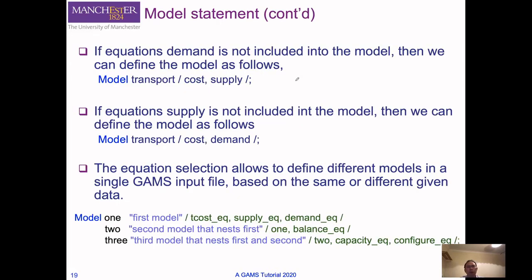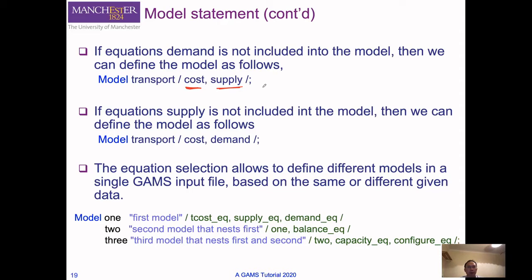We can also specify the equations we want to include in the model. For instance, if there are 3 equations named cost, supply, demand, if we only want to include the equations cost and supply, then we provide the name cost and supply in these two slashes.